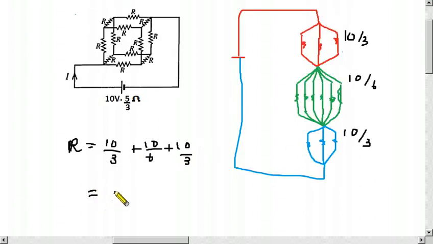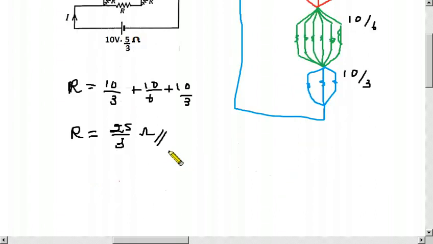So what we get is 25 divided by 3, or 50 divided by 6. 50 by 6 means 25 by 3 is the final equivalent resistance.